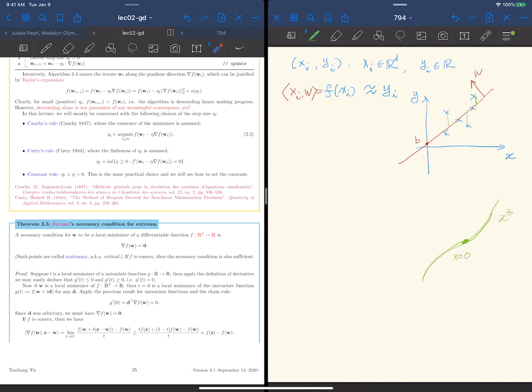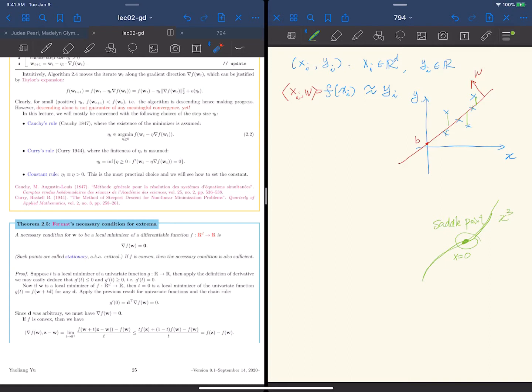Okay, but this point is not a local minimizer, because if you look at the neighborhood, it's not a local minimizer, it's not a local maximizer, it's called a saddle point. Okay, so this convinces you that satisfying the necessary condition is not a guarantee for being a local minimizer or a local maximizer, but any local minimizer has to satisfy this condition.